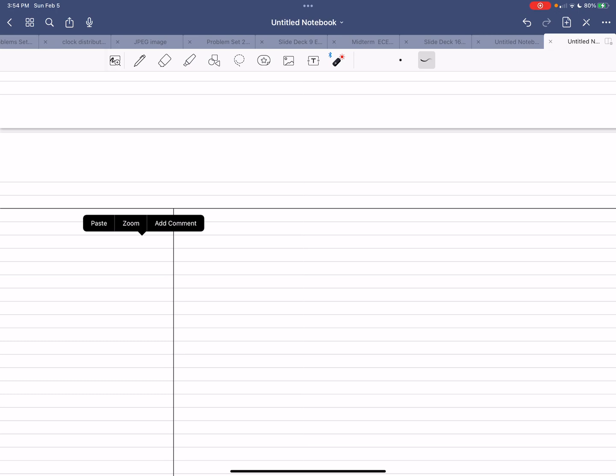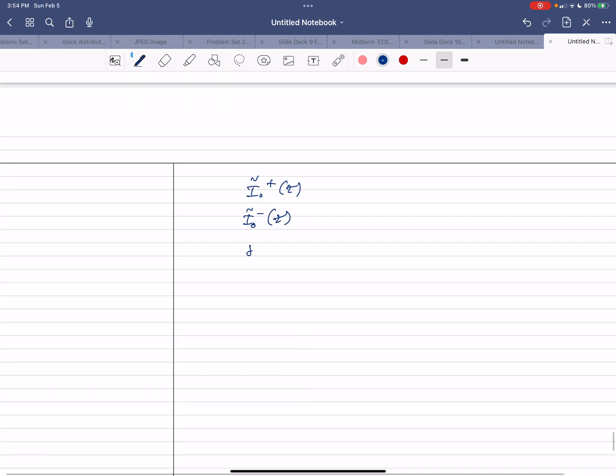Okay, so using this phasor notation, let's say you have a current waveform, I0 hat plus Z, and I0 minus Z. This is simultaneously going through your transmission line. These are the currents. We know the derivative of V with respect to Z is minus L di dt.